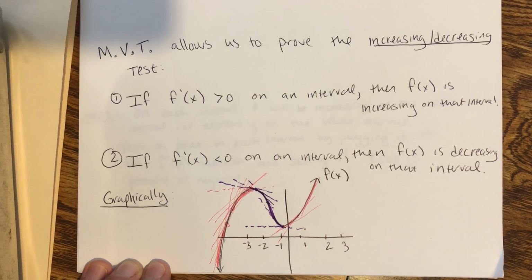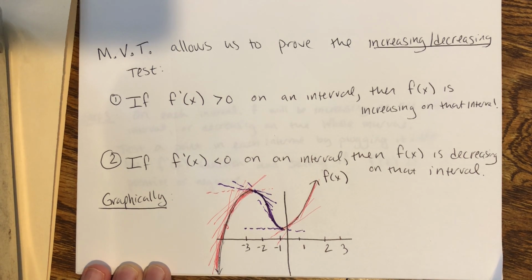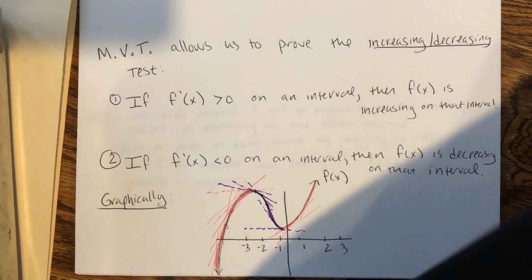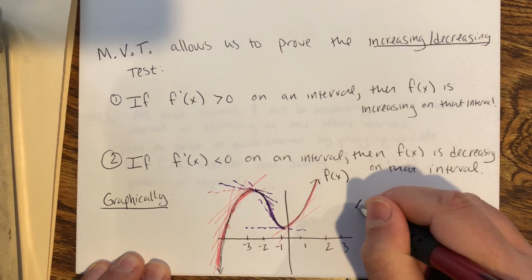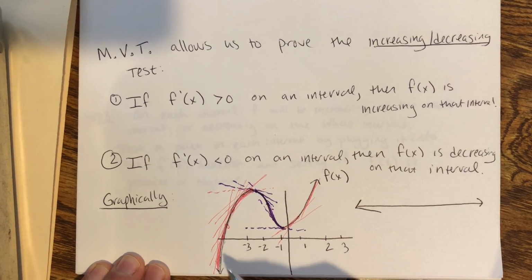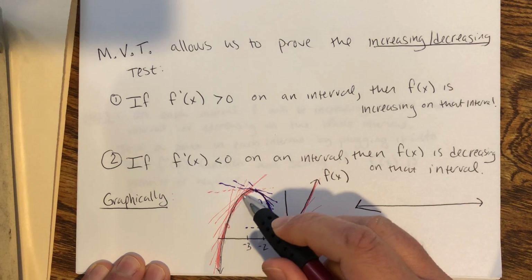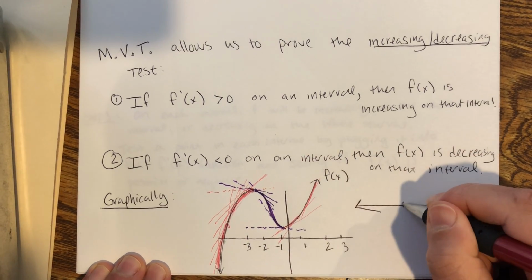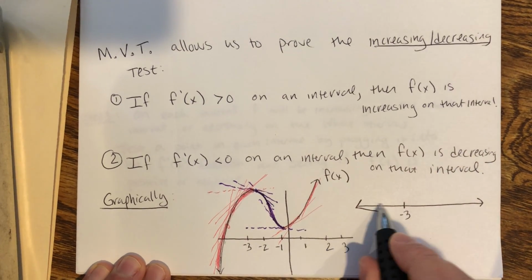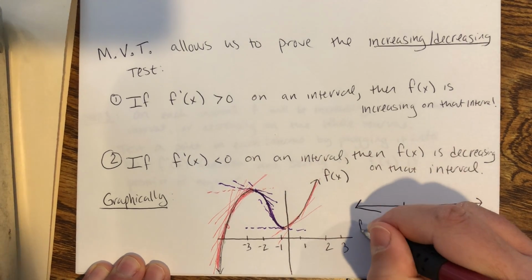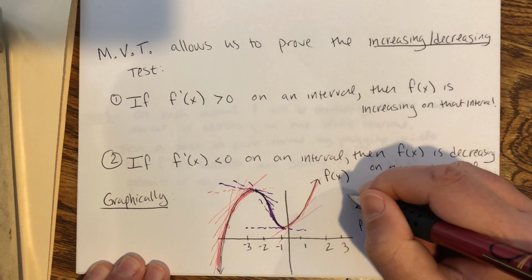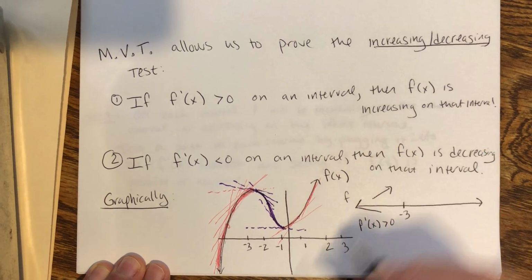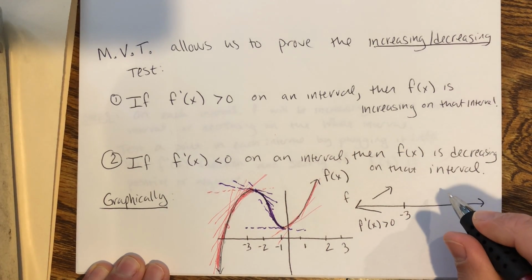So we could say, for instance, if I wanted to talk about the entire domain of the function, I'm just going to break up a real number line to describe what's going on here. From -infinity to -3, the derivatives were positive, and the function itself was increasing. It was going uphill from left to right.